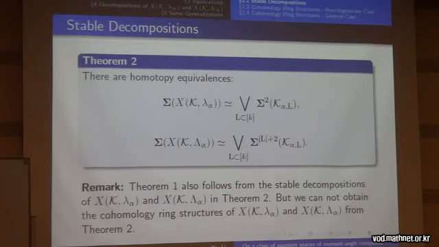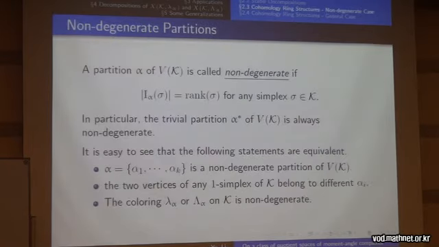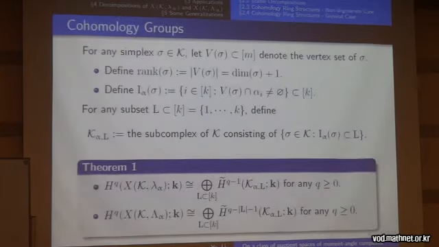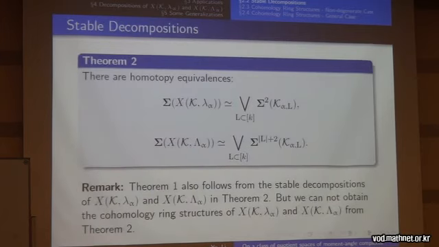So theorem 1 actually also follows from this stable decomposition, but the ring structure of these spaces is not so obvious from this theorem. So we have to discuss it using some other tools.